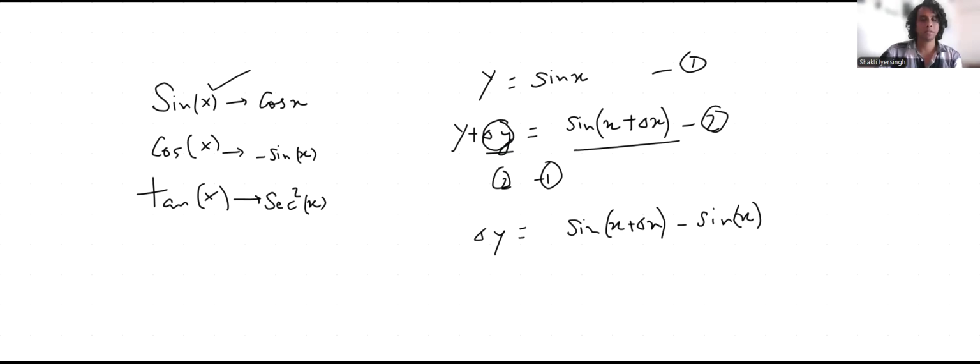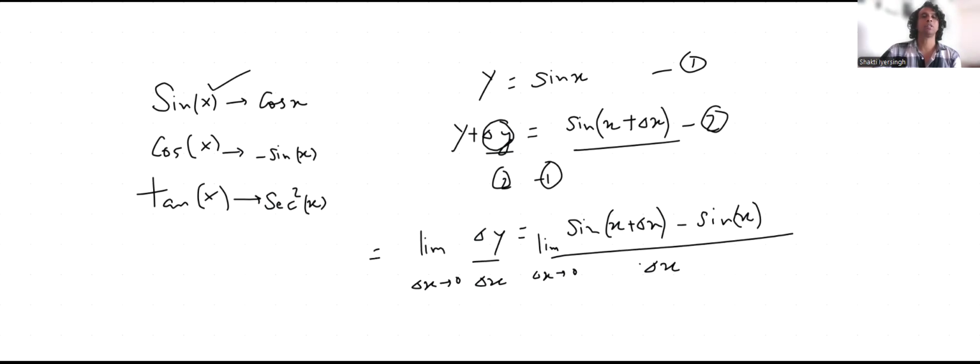All right. Now, we're going to come closer to finding the derivative by dividing both sides of the equation by delta x, and then I'm going to say limit delta x tending to 0 on both the sides, and this is what we define as dy by dx, or the slope of the function at a given point x, right?